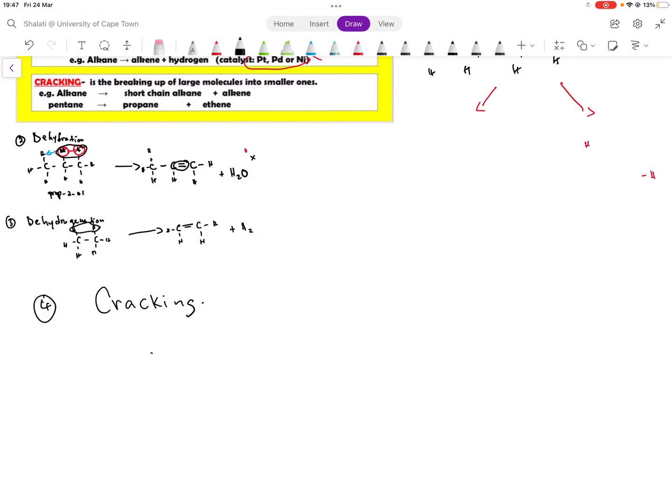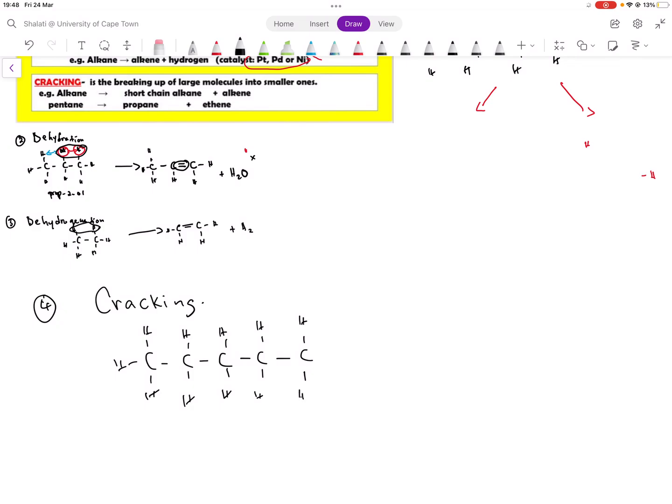Pentane, you have 5 carbons, which is a long chain. So the reason for this is because smaller chains are mostly useful than the longer chains, so they break them up into smaller useful chains. So pentane has 5 carbons, which is a very long chain.